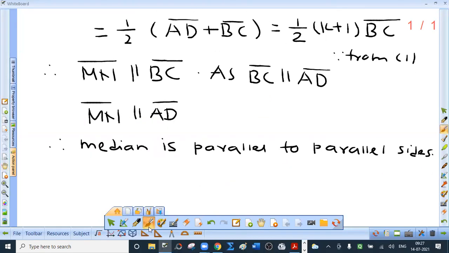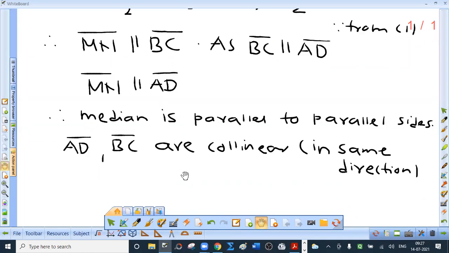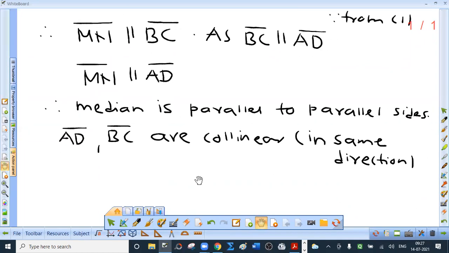Now you will notice that AD bar and BC bar are collinear and in the same direction. So what is mod of AD bar plus BC bar?